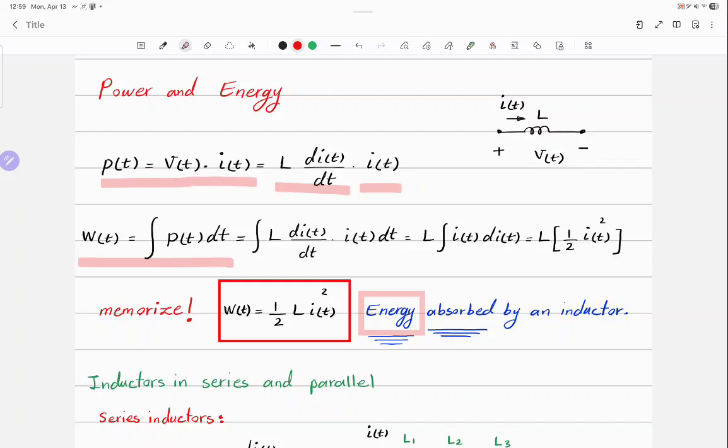Memorize this. It won't be given to you, but this is the energy absorbed by an inductor. How do you handle power of an inductor? Exactly as before, VI. If you have V and I, you can find the power. The formula that you're memorizing is for energy. This is the third time I said it in less than 2 minutes. Remember that.